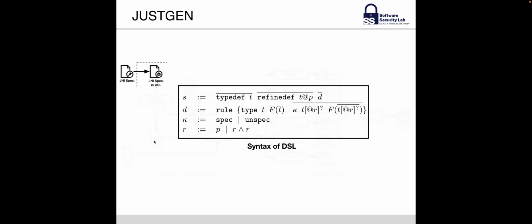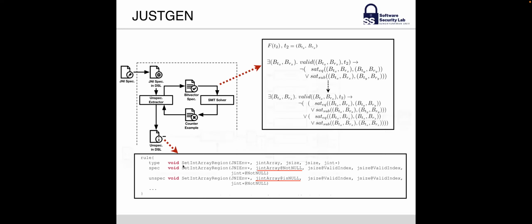So let's see a concrete example. In this example, the SetIntArrayRegion JNI function is represented in our DSL. As you can see here, the spec keyword is used, so these are the specified conditions. If we look at the second argument, its type is jintArray, and this is the refinement.